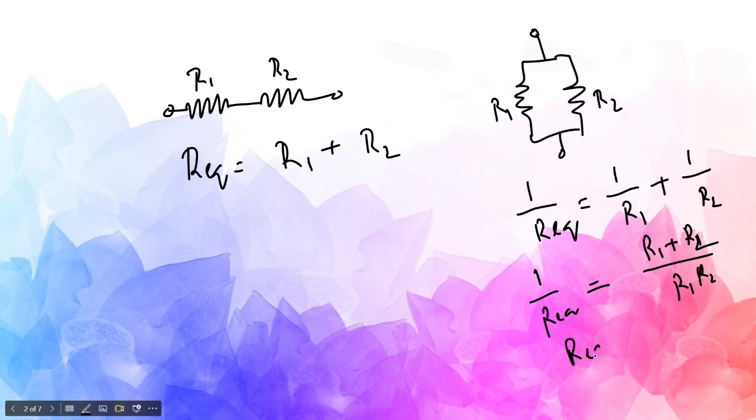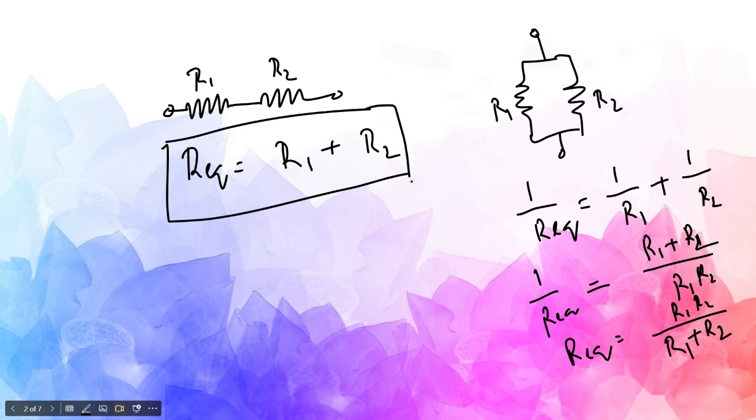So R equivalent equal to R1 R2 by R1 plus R2. We need to remember these two concepts: R equivalent for a series circuit is very simple, R1 plus R2, but in case of a parallel circuit, R equivalent is R1 R2 by R1 plus R2.